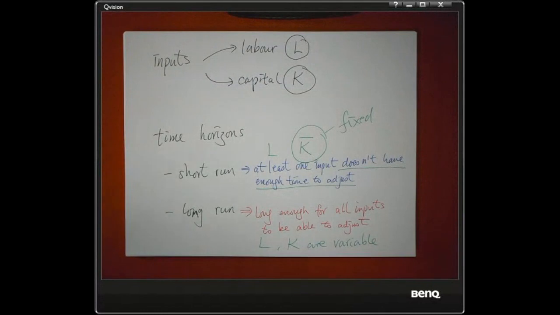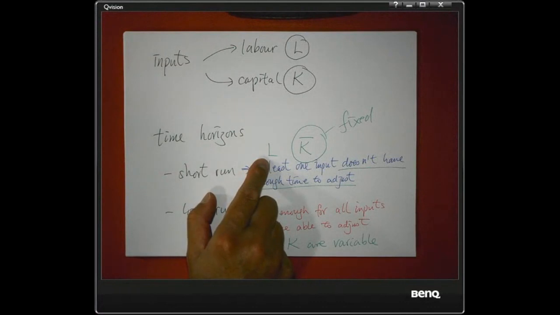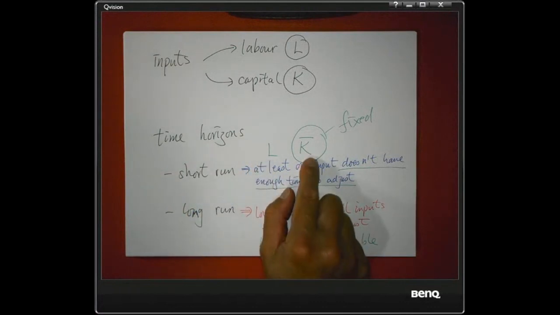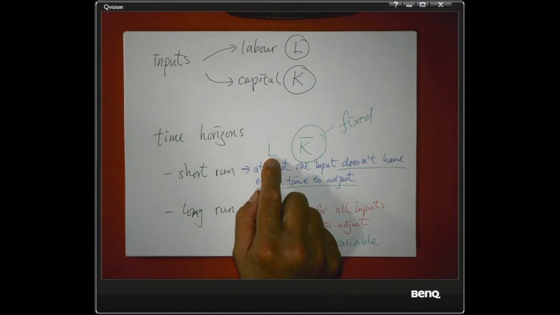That is, if you are being hired to run a factory, what you can do and what you can produce with that factory is just how many workers you want to hire, because the factory size is fixed in the short run. You cannot have time to change the machines or build a larger factory or downsize your factory. You can only have time to adjust labor input, that is, hiring more workers or lay off some of your workers.